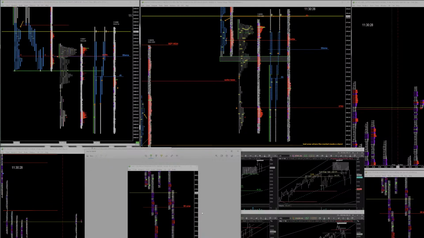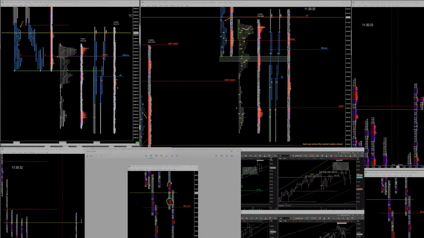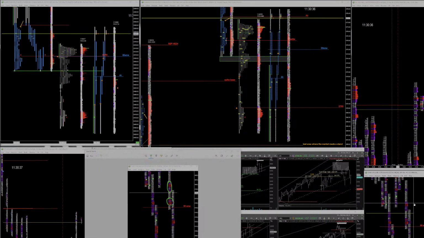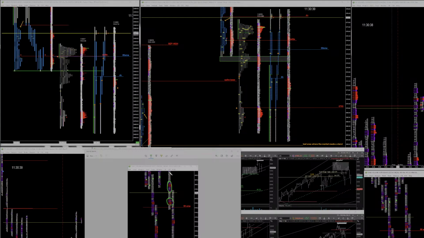This is the ES. We have volume here, another node of volume up here, and a very small one up here as well. This can be the next destination of this movement if it remains a trending day.